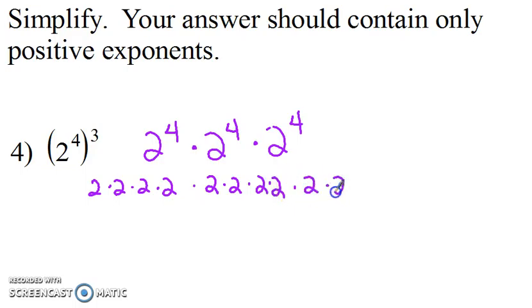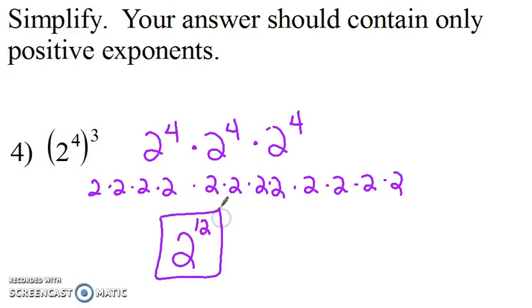And 4 2s. So altogether we have 2 to the 12th. So on these problems, you're just going to remember what these exponents do. This makes this happen 3 times. If you can remember the rule, you might as well use it because that is way faster than writing all of this.